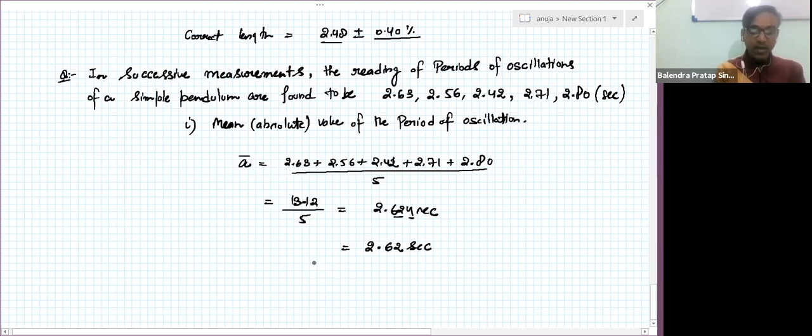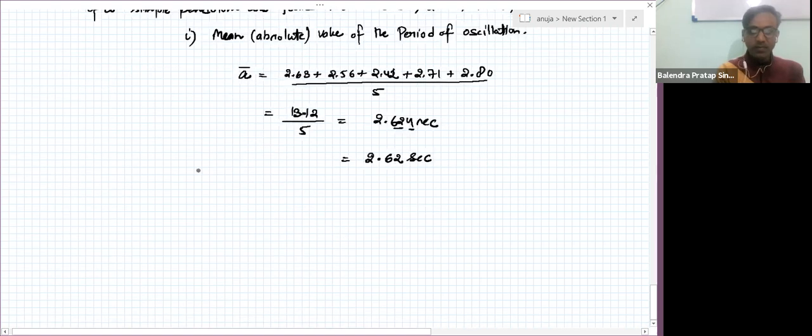Next part is to find the absolute error. In our first measurement, the absolute error delta A1 is equal to A bar minus A1.